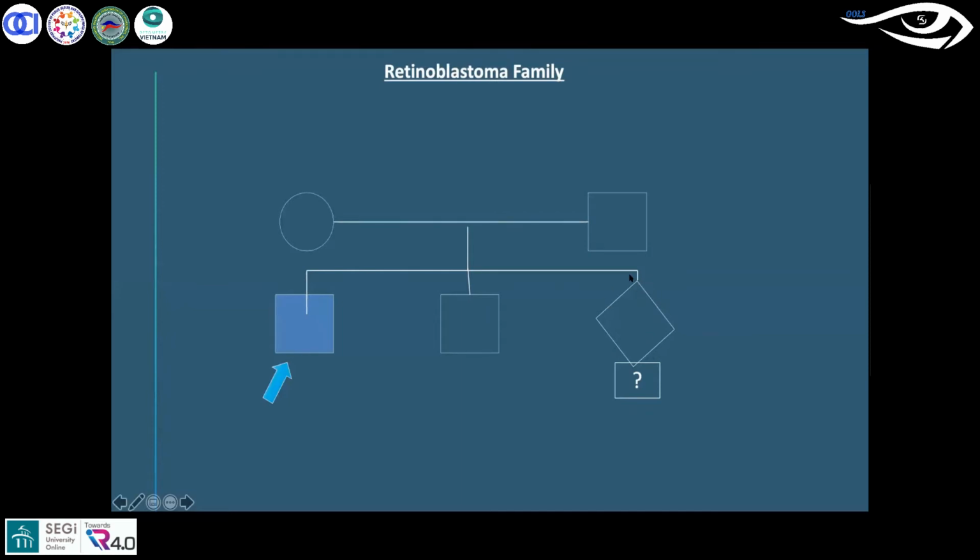One more thing, very important: genetic counseling should not be judgmental. You should not be judgmental. You cannot say, look, you already have one child with retinoblastoma, and at least you have one boy without it, so why do you want another child? This is not a question a counselor should even think about, leave alone ask.